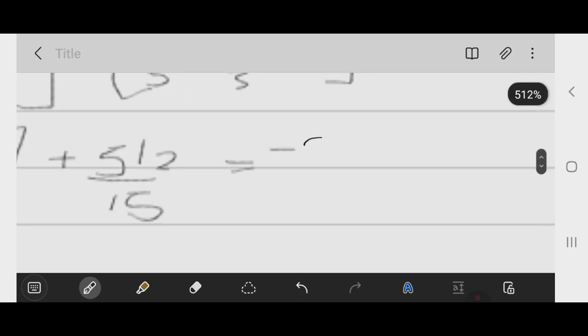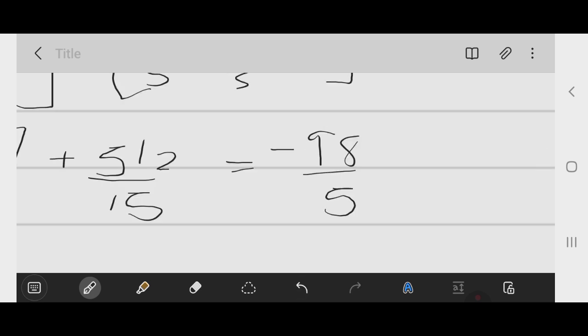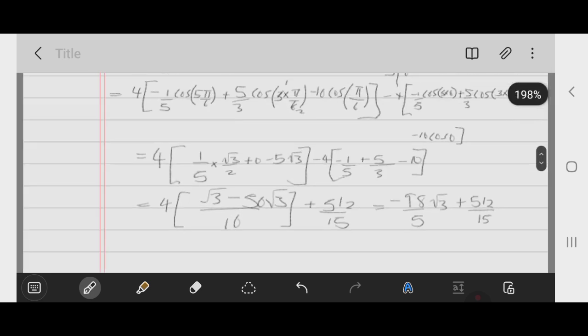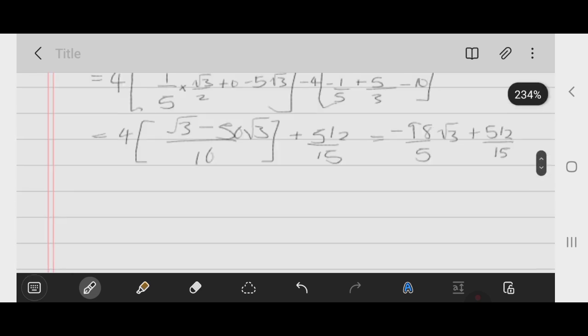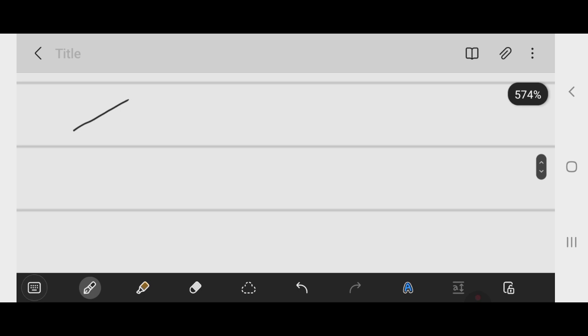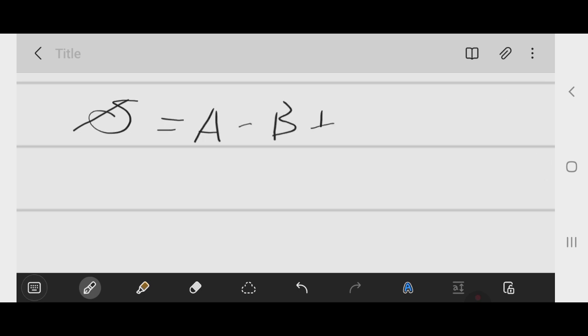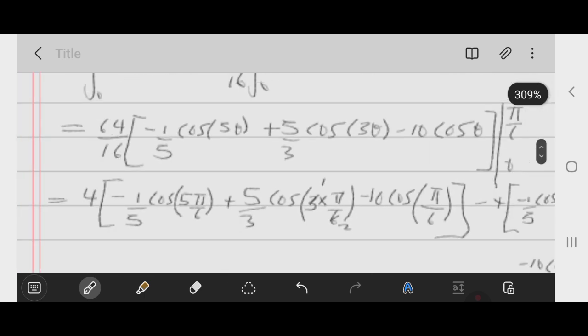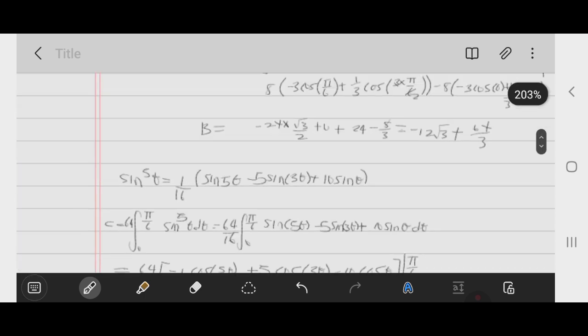Now simplifying, we'll get the value of the integral C. Now let's go back to our original question. To the integral, remember we said that S equals A minus B plus C, which we wrote down here.